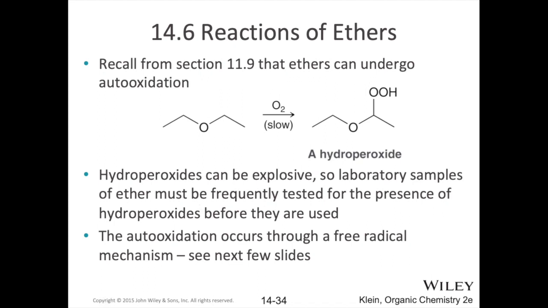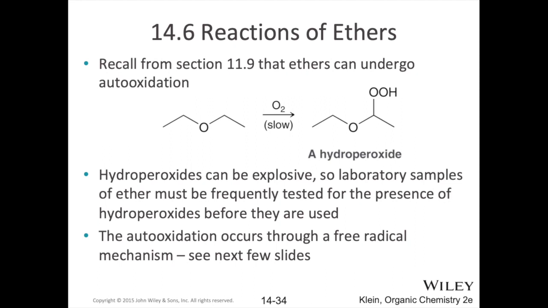Okay. Back in the chapter on radical reactions, I pointed out that ethers have a very short shelf life because they're prone to autooxidation. That's why we use diethyl ether as a solvent in the lab all the time. We can't store it for long periods of time, so we have to make sure that we buy it relatively fresh and we use it pretty quickly.